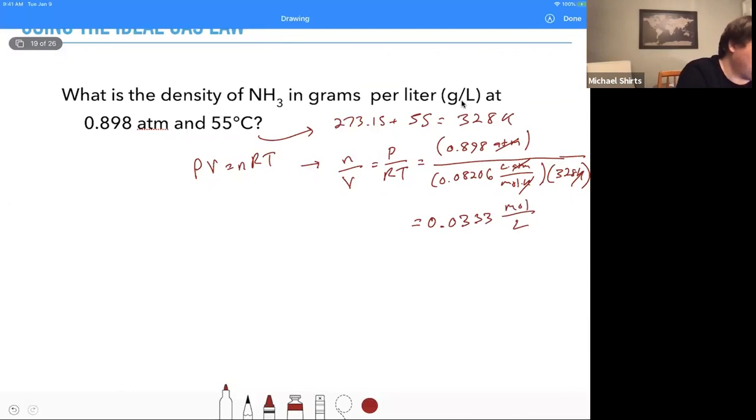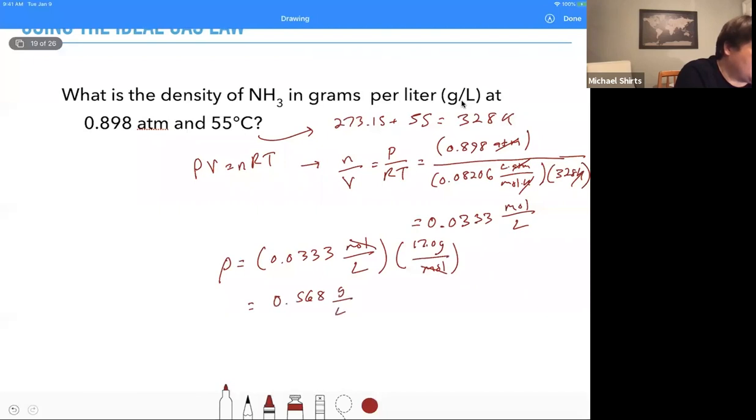So our mass density, usually written as rho, rho is equal to 0.0333 moles per liter, and the molar mass of ammonia is 17.03 grams per mole. And so the moles cancel, and that gives us 0.568 grams per liter, a little more than half a gram per liter of gas.